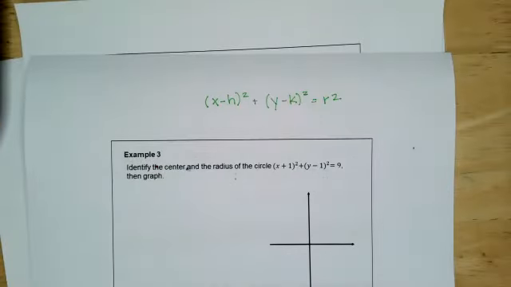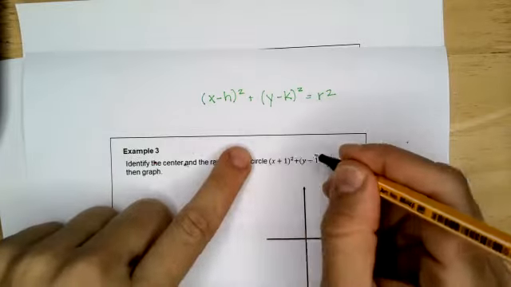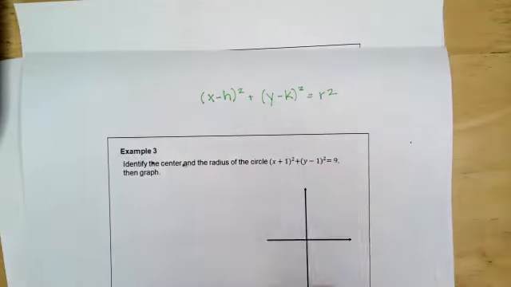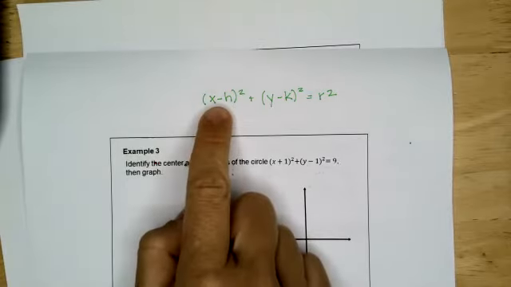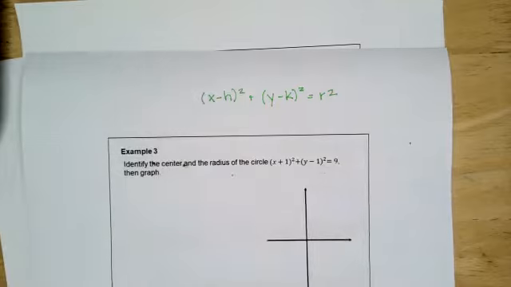That's important because when you see those, you're like, oh, this goes with the x, so that's the x. This goes with the y, that is the y. It's easy to make a mistake if you don't remember that those are the negative version of the h and the k.